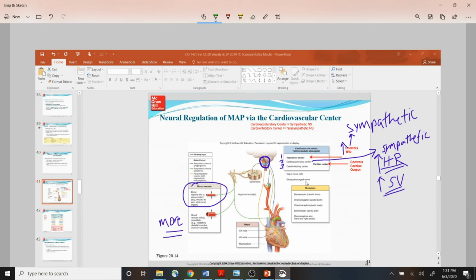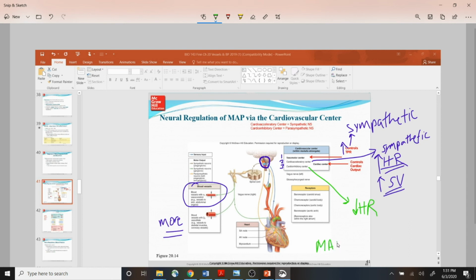Well, again, with the sympathetic nervous system, all these things are increasing blood pressure, mean arterial pressure. What if we want blood pressure to go back down to normal? Then the cardioinhibitory center will be active. It'll tell the parasympathetic nervous system, hey, you need to slow the heart rate down, and guess what that does to mean arterial pressure? We talked about that, right?